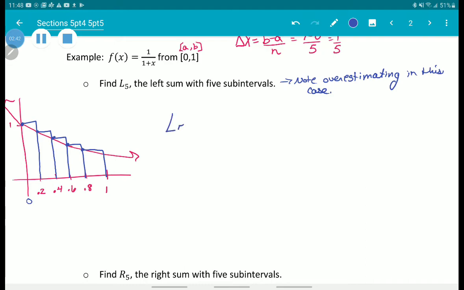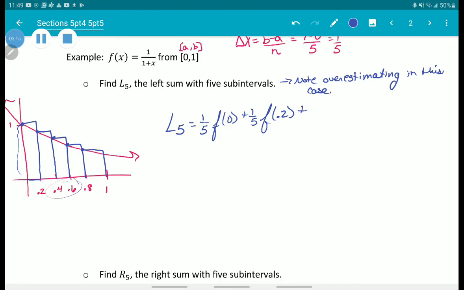So to find that left sum, it's going to be 1/5. That's how wide each rectangle is. Or you can call it 0.2 times the height. So the height of that first rectangle is going to depend on what the function is at 0. That's the left point. The second rectangle is going to depend on the height of the function at 0.2, which is the left point of that interval.